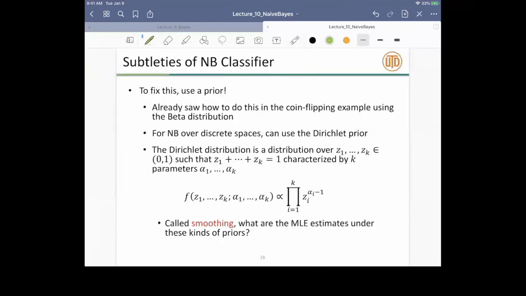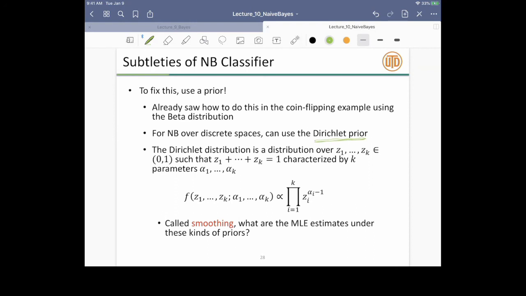One way to fix this is to use a better prior distribution. Instead of learning the prior distribution from data, you can assume a prior distribution, and this is called smoothing. This is a slightly more advanced topic, so I won't go over it in a lot of detail, and I won't ask a question on this in the exam, but you can read up on it if you're interested.